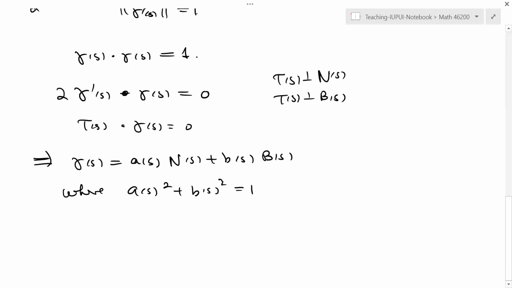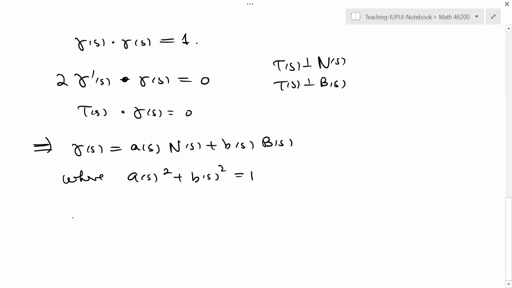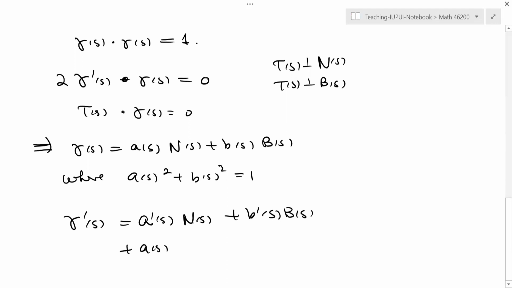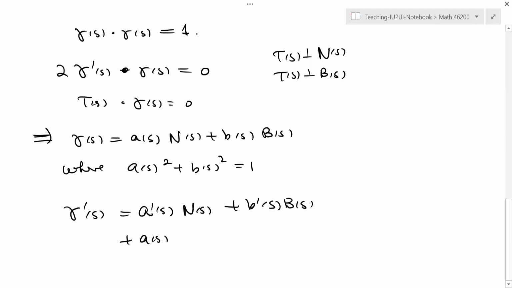All right, so we have this identity. Let's differentiate again. When I differentiate, you get a prime(s)N(s) plus b prime(s)B(s), but also you have a(s) times the derivative of N(s).